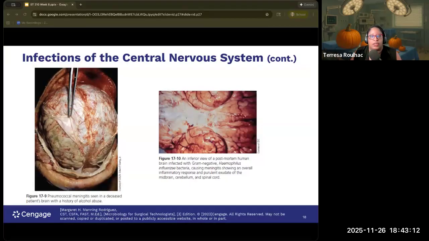For our newborns: group B strep, E. coli, Listeria. Your infants, from 1 month to 1 year, we're looking at Streptococcus pneumoniae, Hib, Neisseria meningitidis. And then older children through adults: Neisseria meningitidis, Streptococcus pneumoniae, and Listeria.